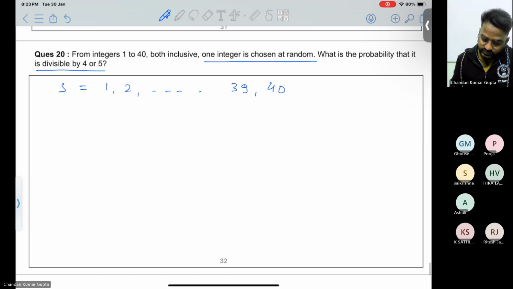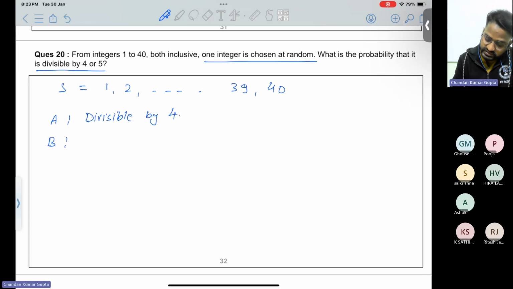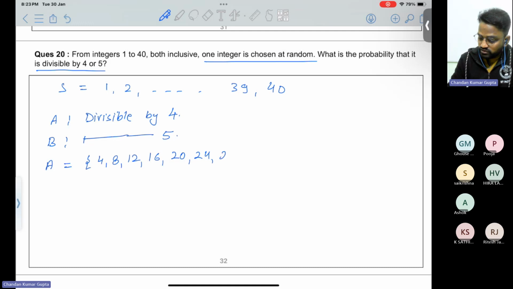Event A is defined as the number is divisible by 4, and B is the number is divisible by 5. Which numbers are divisible by 4 from 1 to 40? It's 4, 8, 12, 16, 20, 24, 28, 32, 36, and 40.